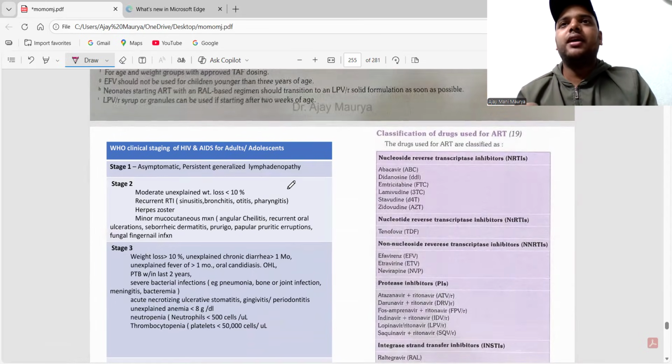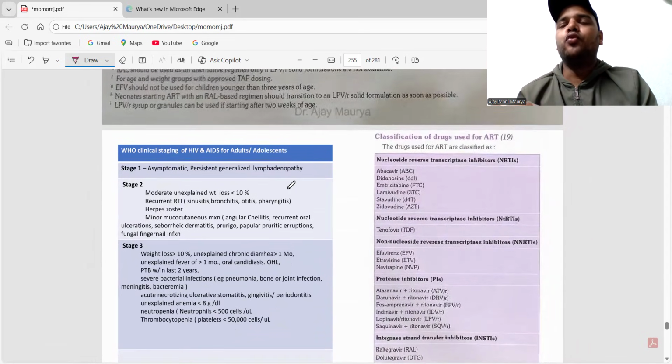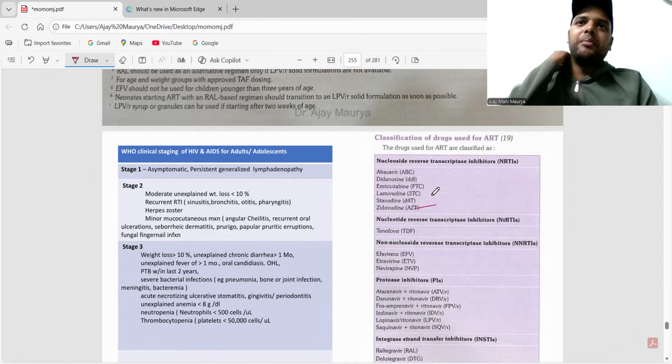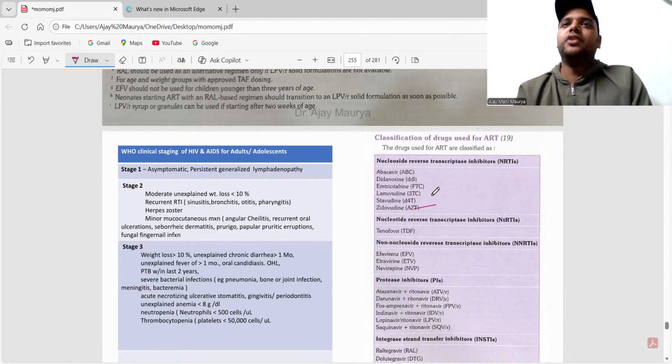From the pharmacology side, they are going to ask which of the following drugs comes under the NRTIs. They are going to give a set of drugs, for example zidovudine, lamivudine, abacavir, and ask which is a nucleoside reverse transcriptase inhibitor.